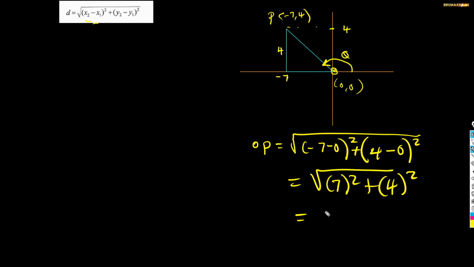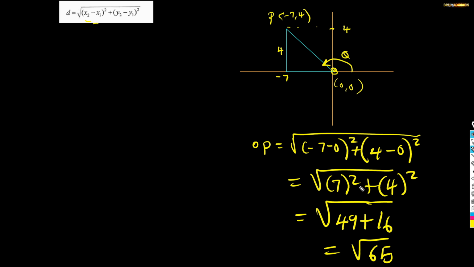This is 49 plus 16, which gives us the square root of 65. So now we have the square root of 65 as the length of OP, which is the hypotenuse side, right?